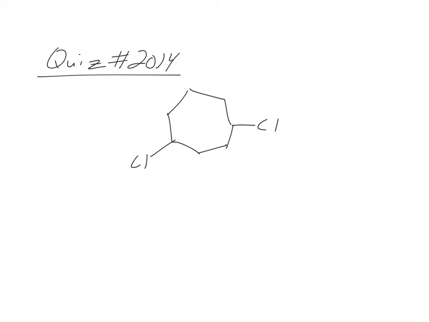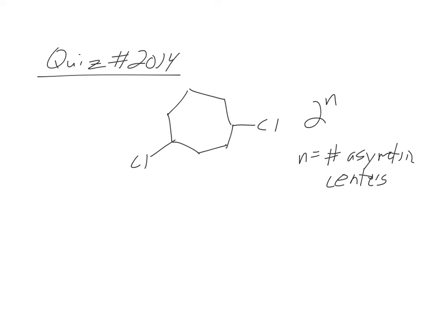And normally what you do is 2 to the n, where n is equal to the number of asymmetric centers.